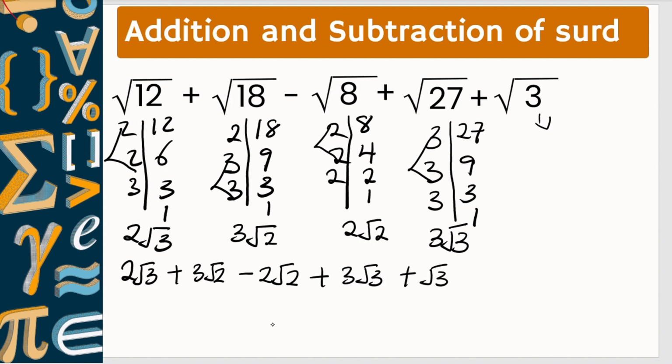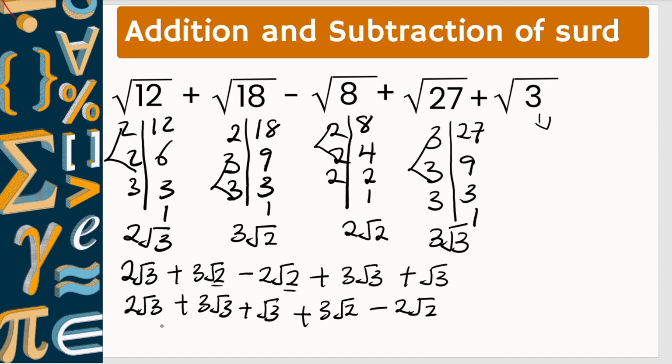So I'm going to collect like surds, just like we collect like terms in algebra. So this will be 2 root 3 plus 3 root 3 plus root 3, and then I collect like terms for this, 3 root 2 then minus 2 root 2.